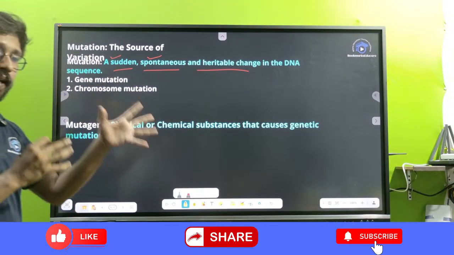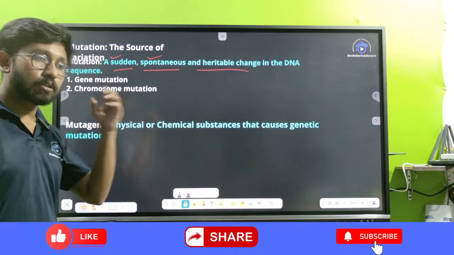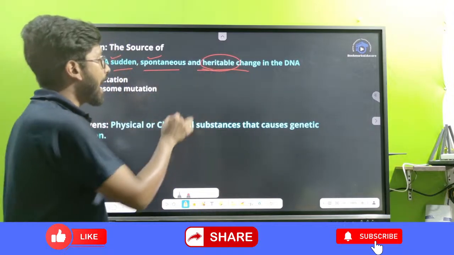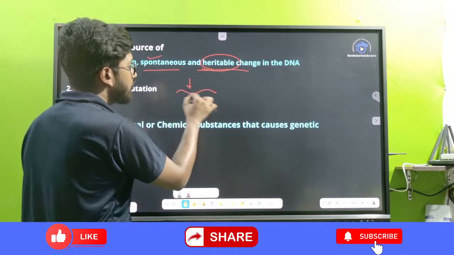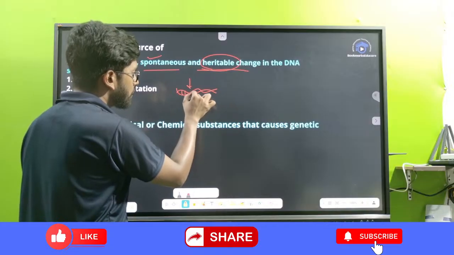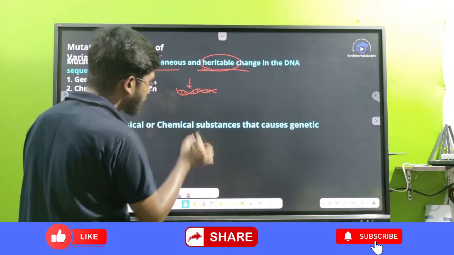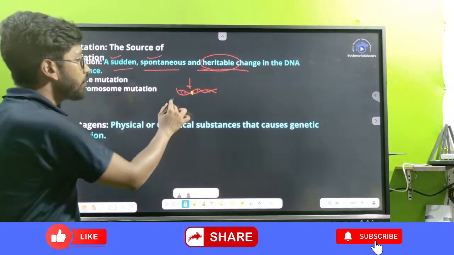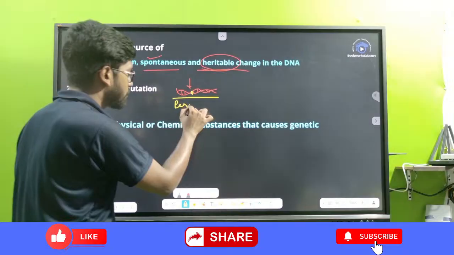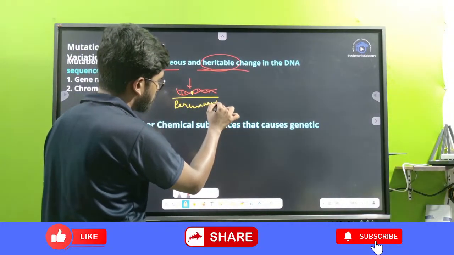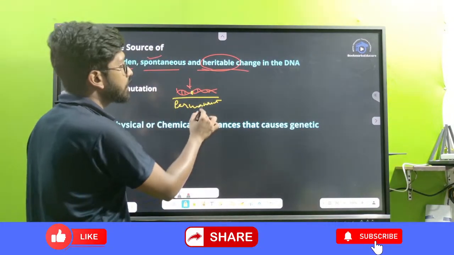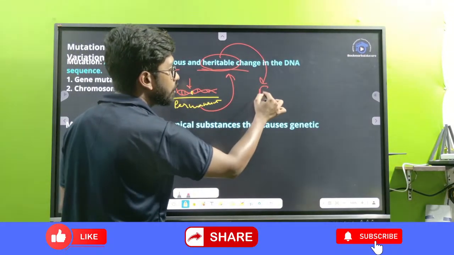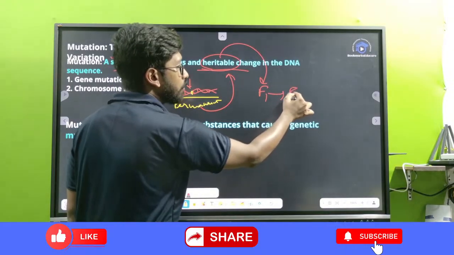Mutation occurs suddenly, randomly, spontaneously, and it is a heritable change, meaning as mutation occurs, it will put some information in your DNA that will be permanent, and this permanency will be heritable, as in it will be inherited into your F1, then further down the line.